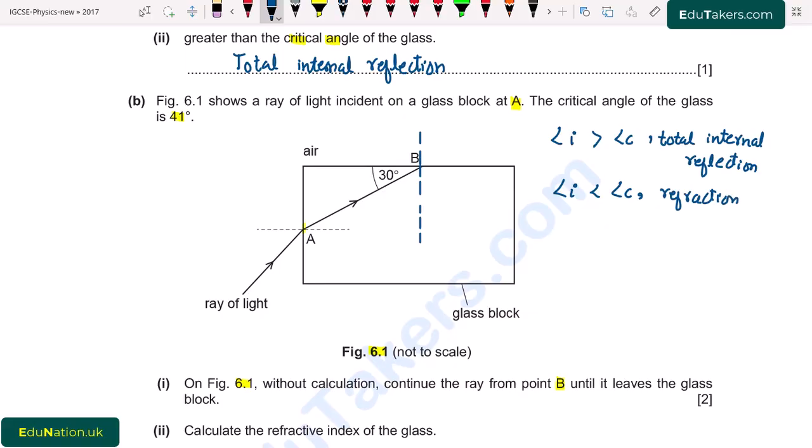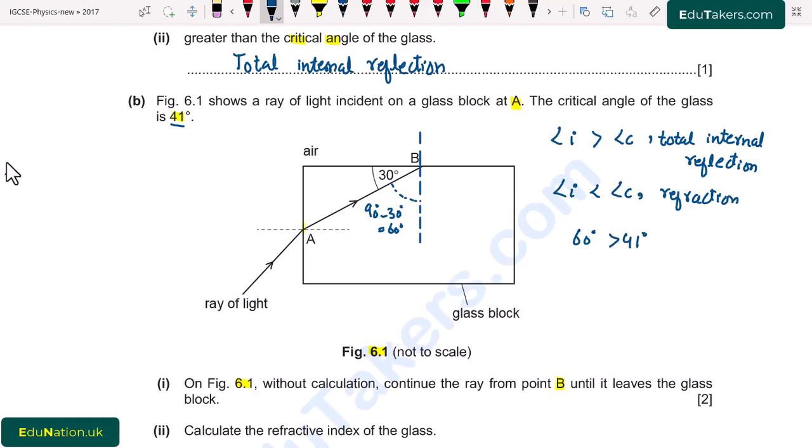So in figure 6.1, first of all, we have to find out the angle of incidence because the critical angle is given 41 degrees. So angle of incidence is basically the angle that the incident ray made with the normal. So I draw here the normal at point B and this angle is basically the incident angle. So it will be 90 minus 30, it is equal to 60 degrees. So the angle of incident is 60 degree, that is greater than 41 degree.